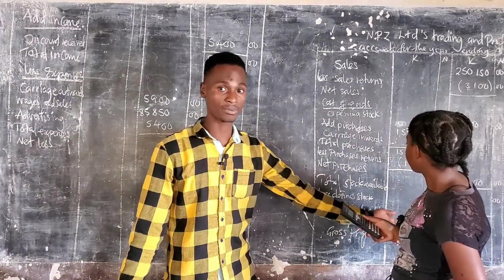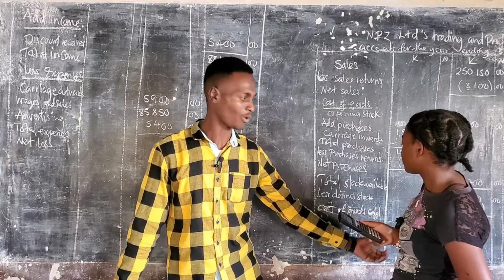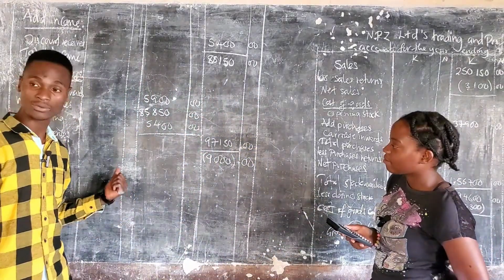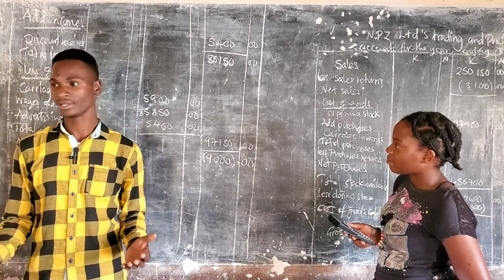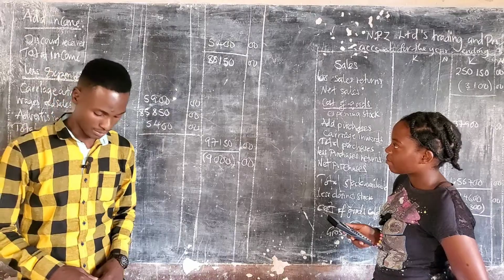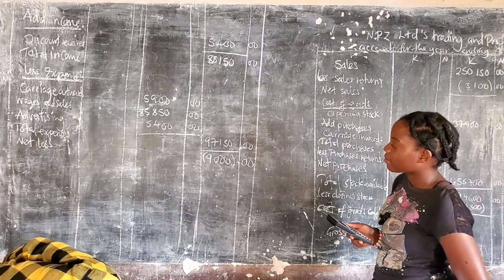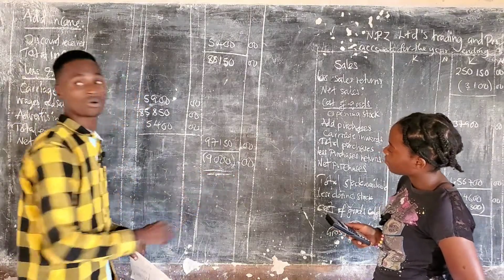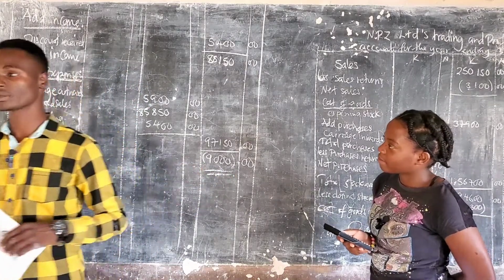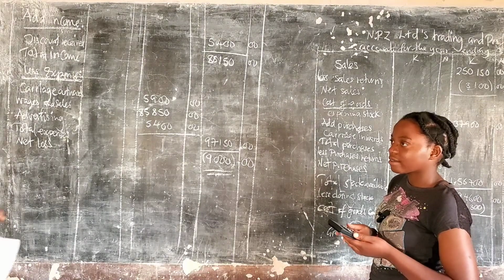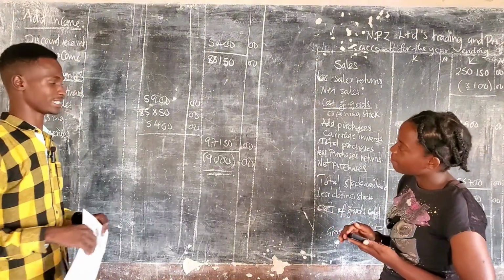Even here, as we are preparing, if the business is doing well, this will determine whether you can be happy, whether you can smile or be sad. Okay, we're done. This is the end of the trading and profit and loss account. Do you have any question before we go to the balance sheet?